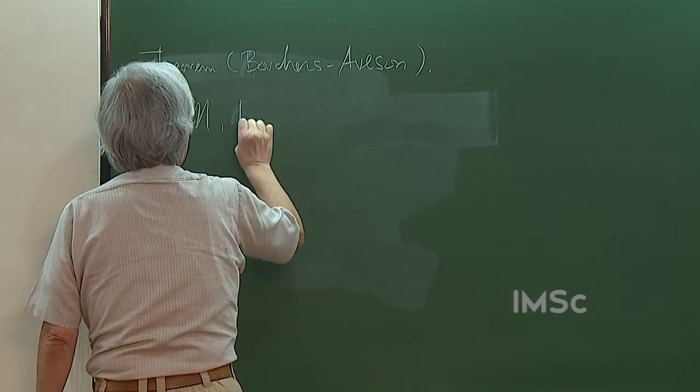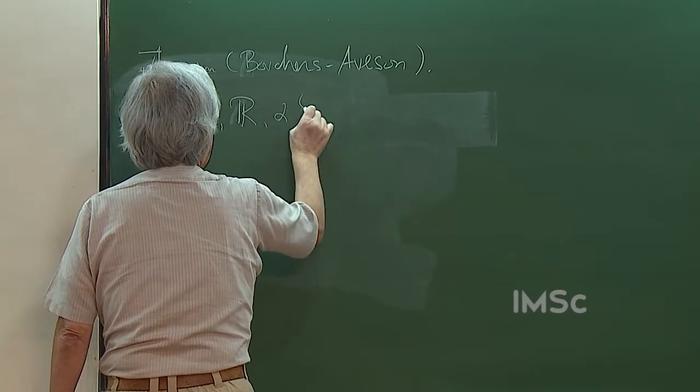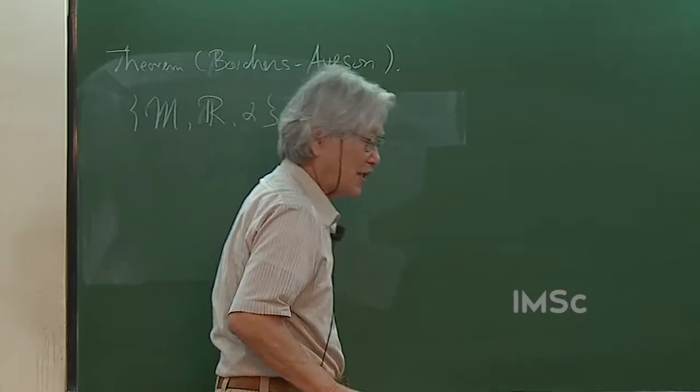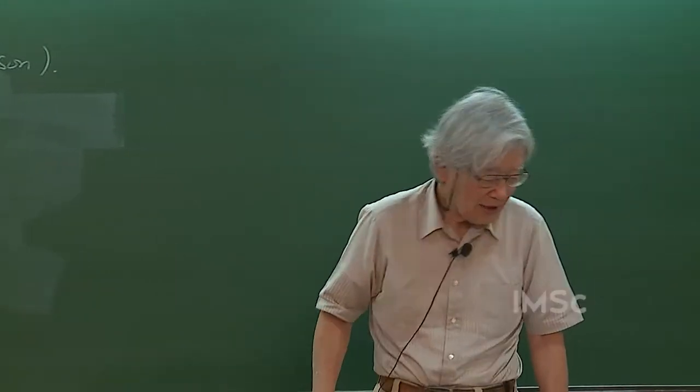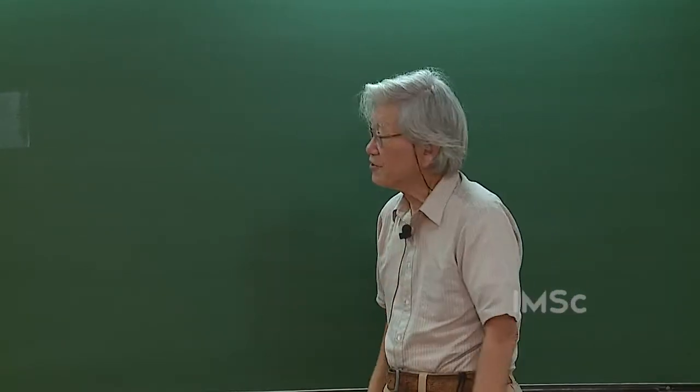Given a one-parameter automorphism group on the von Neumann algebra M, the following conditions are equivalent.